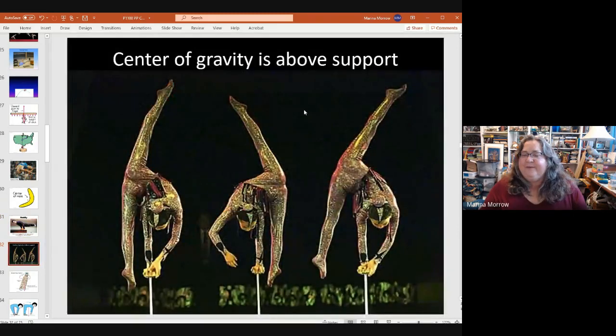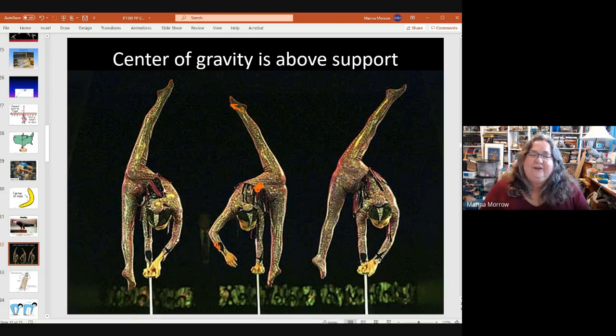So here are some acrobats, and you can see the girl in the middle is on one hand, so her center of mass must be here. Now, how did she get it to go there? Well, she's got one leg way over here, she's got one arm way over here, and so those are pushing the center of mass over to the side, like Fosbury did.